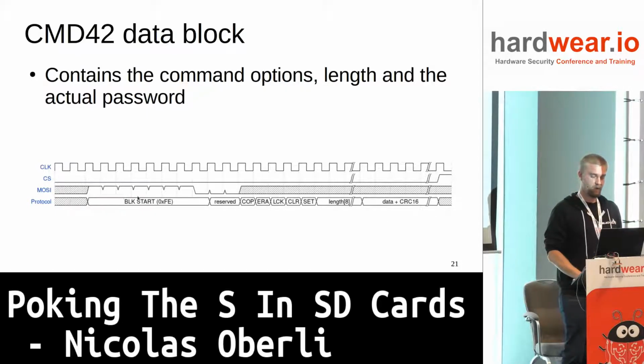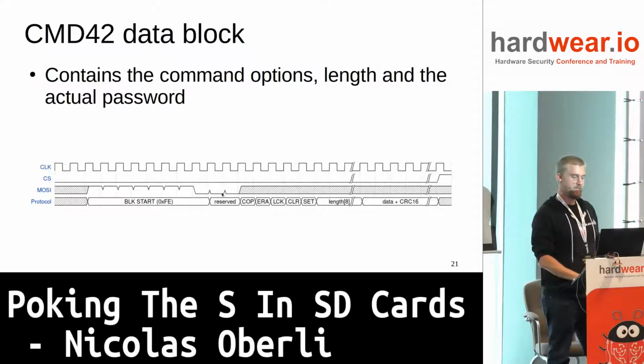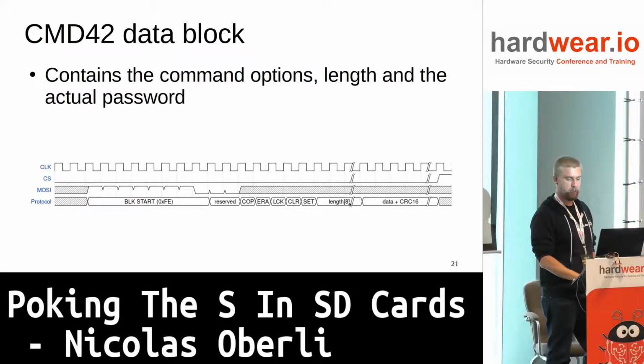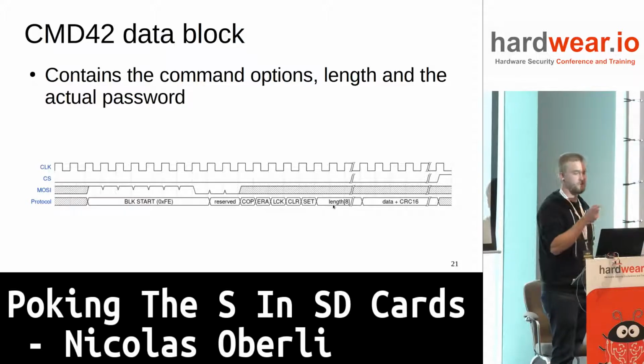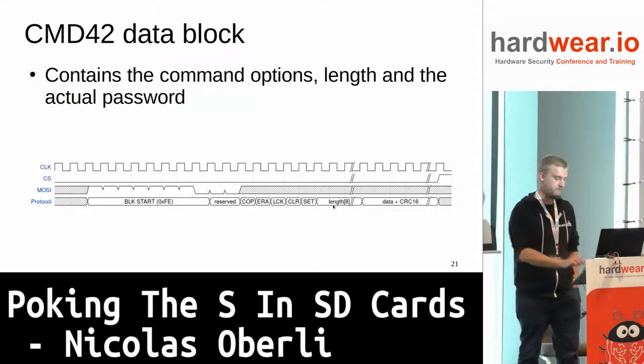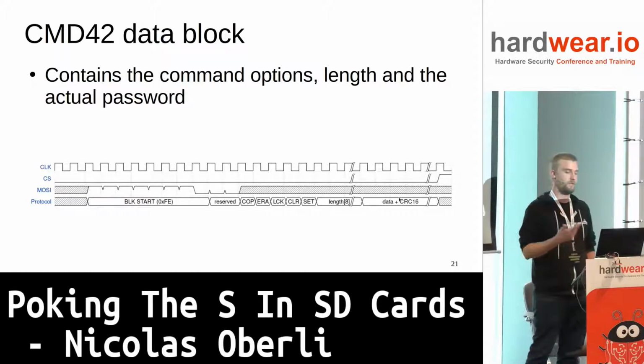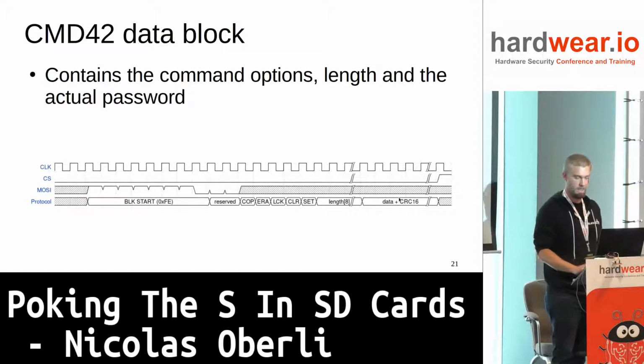So basically your block should contain the start, which is in the protocol configuration. Then you have a whole byte containing special flags within these bits. Then the password length, which is encoded in 1 byte. Then your password and the CRC if the cards need it, otherwise you can just set it to 0.